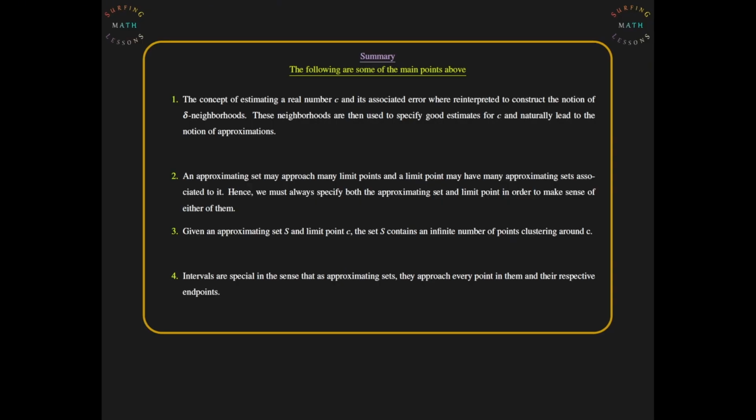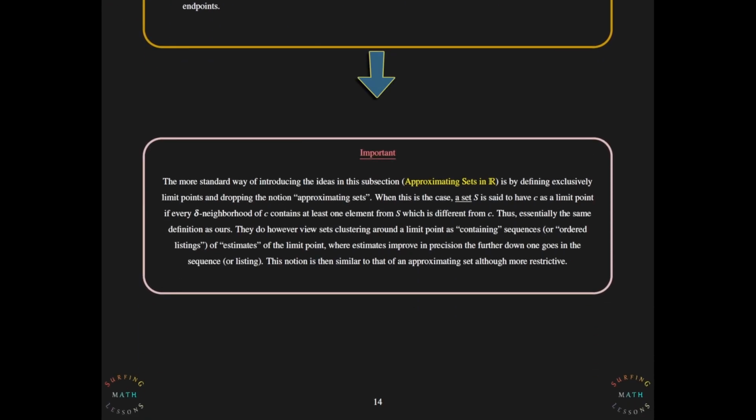As approximating sets, they approach every point in them and their respective endpoints. I also leave you a comment in the form of an important box regarding the terminology used in this subsection.